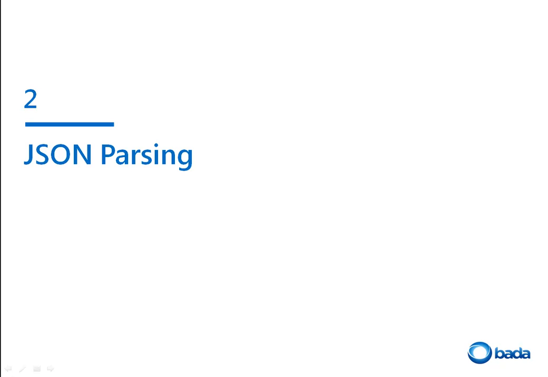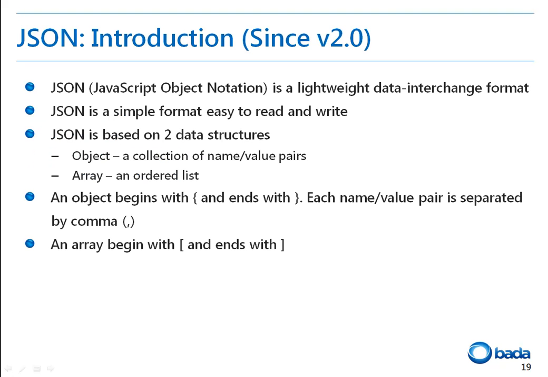JSON encoded data is an unordered collection of key value pairs, and you can use the methods provided by the web JSON classes to manipulate them. The JSON feature is newly introduced to bada from bada version 2.0.